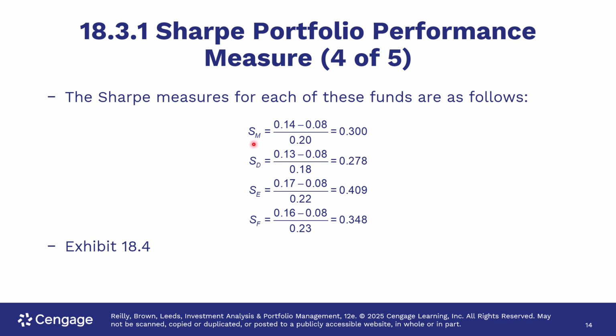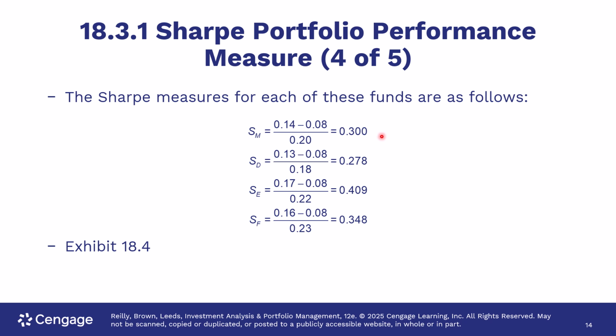Here's the Sharpe ratio for the market portfolio. That's S sub M. There's its R bar minus RFR bar divided by sigma M, 0.3, right? This is the Sharpe ratio for fund manager D. R bar minus RFR bar divided by sigma sub D. Do that for all of the funds.